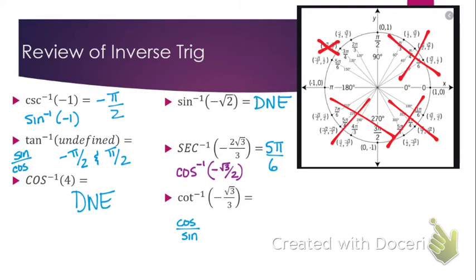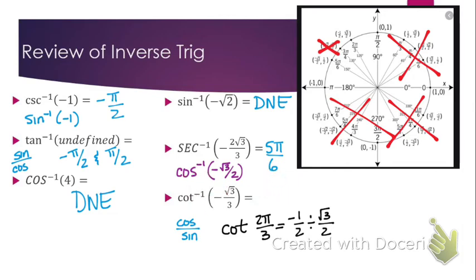So if you take a moment to divide to find the cotangent of 2 pi over 3, that is going to equal cosine, which is -1/2, divided by sine. And when you do your keep change flip that you learned way back in middle school, you should get this answer, which is why I know the angle is 2 pi over 3.